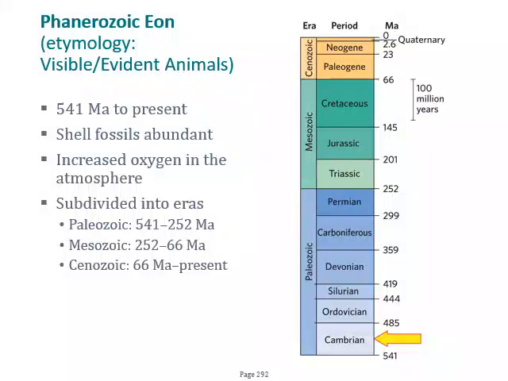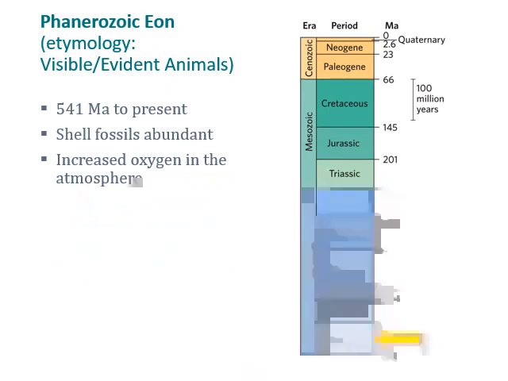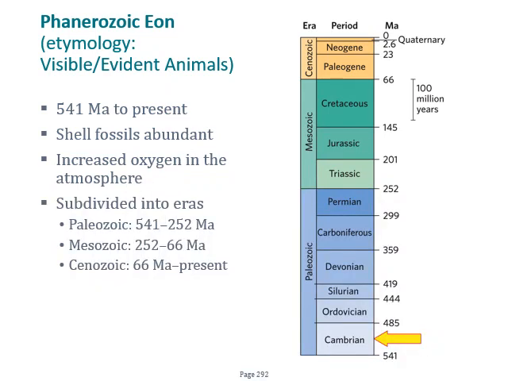Part 2 of this lecture will discuss the Phanerozoic eon, and Phanerozoic means visible or evident animals. So this eon is from 541 million years ago to present day and has abundant fossils and shells, increased oxygen in the atmosphere, and is subdivided into three eras: the Paleozoic, the Mesozoic, and the Cenozoic, with the Cenozoic being the most recent and continuing into present day.